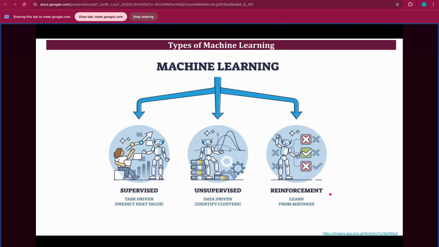There is another type of learning which is semi-supervised, in which a little bit of information is already known, and we won't go into that detail. Then comes reinforcement learning. Reinforcement learning is trial and error based learning, in which you learn from mistakes. Whenever a model makes a prediction, if there is an error, we introduce a penalty. What these learning techniques ultimately do is design an equation.